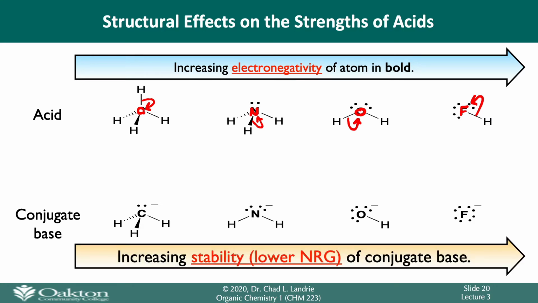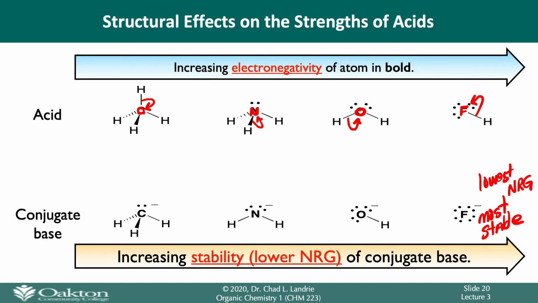If we look at the conjugate bases below, we could say that fluoride is the most stable conjugate base, and that's just a fancy word for the lowest in energy. I'm going to use the letters N, R, G to mean energy.